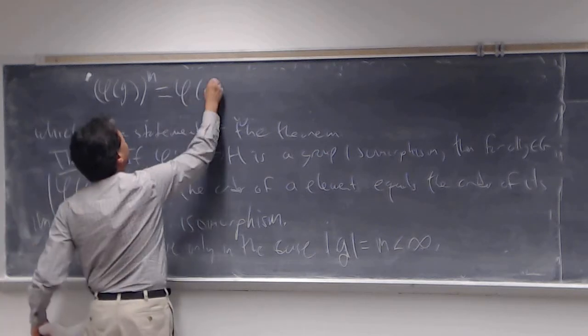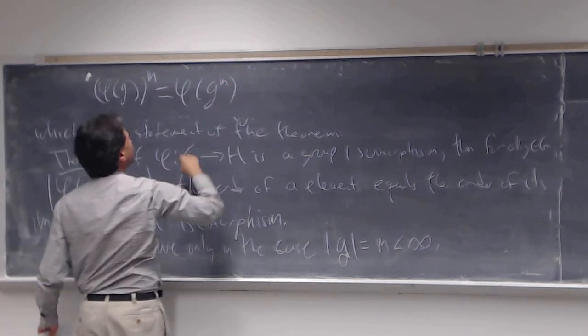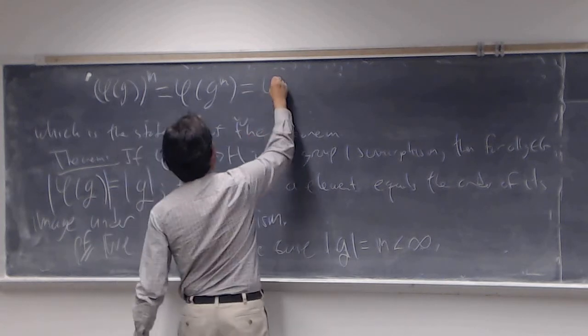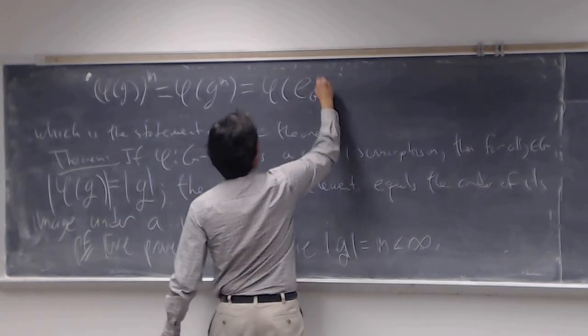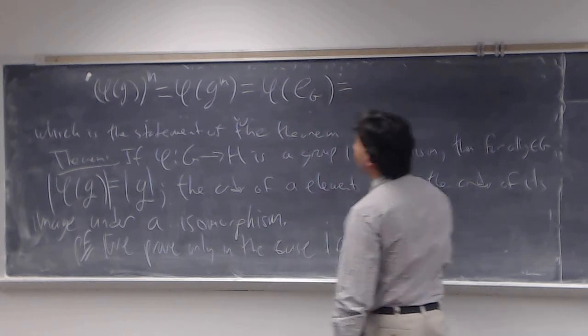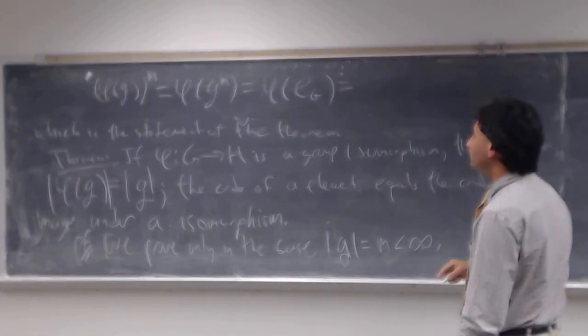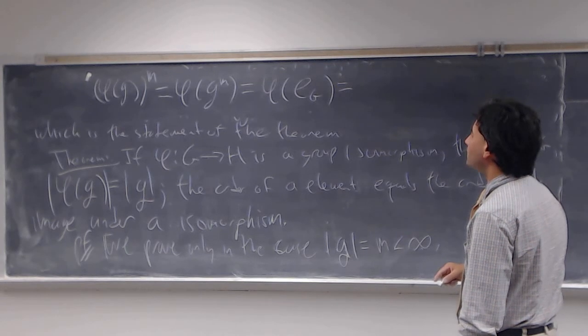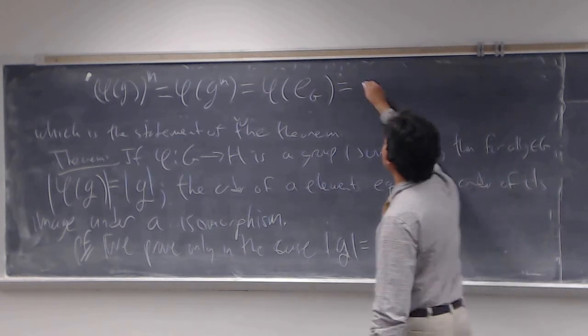So this is phi of G to the m, where G to the m is just the identity element in G, and then by properties of homomorphisms, that has to be that element.